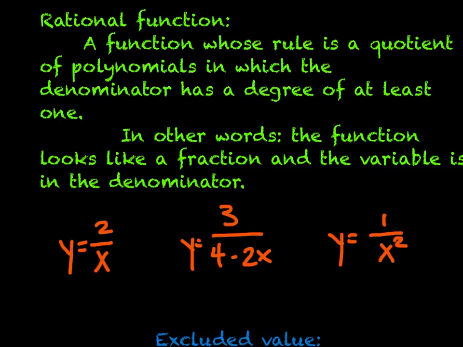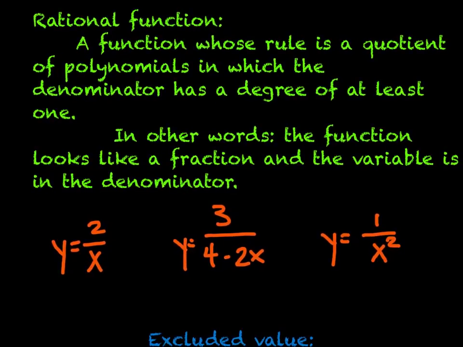So we have a couple of examples here. The first is y equals 2 over x, and if you notice, it looks like a fraction, which is a quotient. There is an answer to a division problem here, and there is also an x in the denominator, which is what we want. The variable is in the denominator.